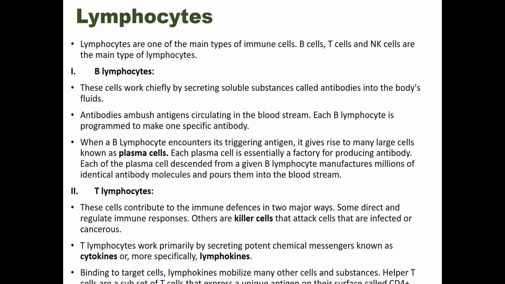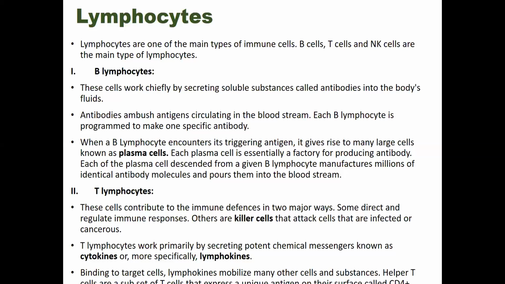circulating in the bloodstream. And each B lymphocyte, that means each B cell, is programmed to make one specific antibody. So for every individual type of antibody, there is a specific B cell. When a B lymphocyte encounters its triggering antigen, it gives rise to many large cells known as plasma cells.